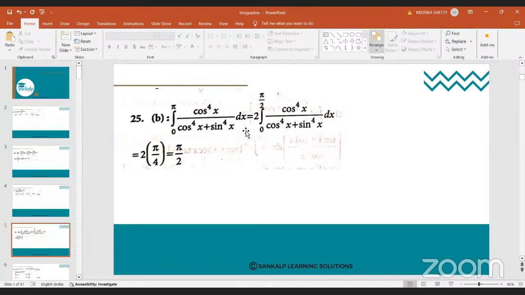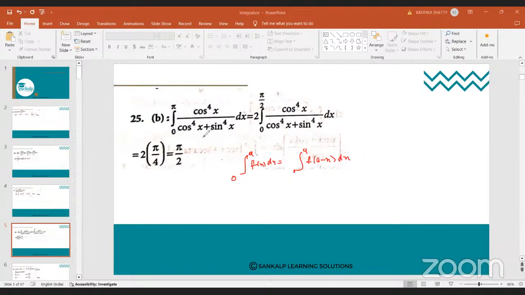You can solve either by using the given procedure, or you can solve it by using the property. I will mention the property for homework. You can try this: integral 0 to a f of x dx is equal to integral 0 to a f of a minus x dx.